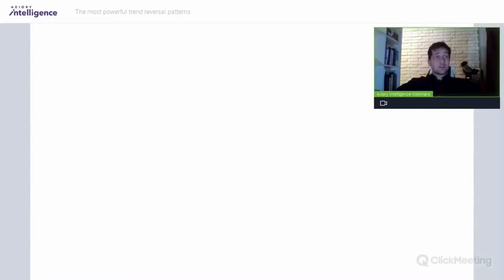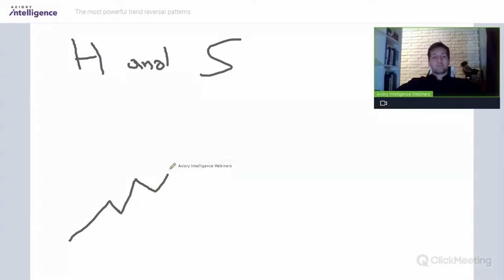Head and shoulders and inverse head and shoulder patterns. Absolute classic. Bread and butter of the price action trading. Head and shoulders. We have this uptrend. Price is making higher highs and higher lows.